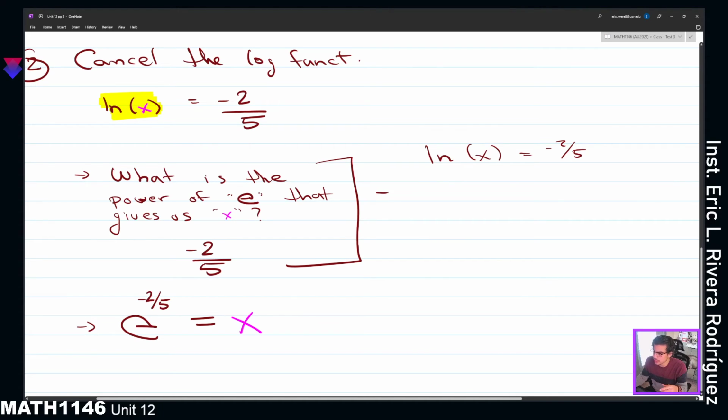How do you do that? You take both sides of the equation, the left side and the right side, and use them as exponents of the base of your choice. The base here that we are going to use is e, and you will see why.